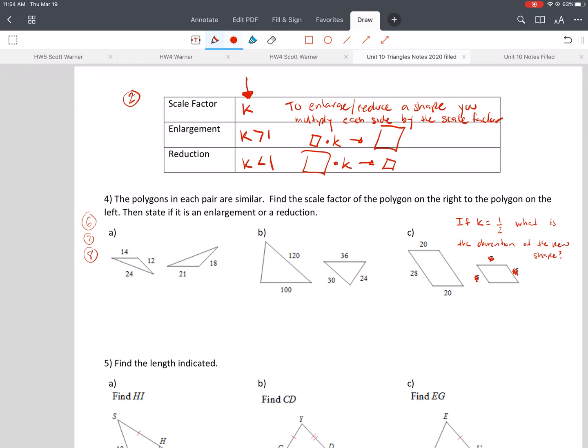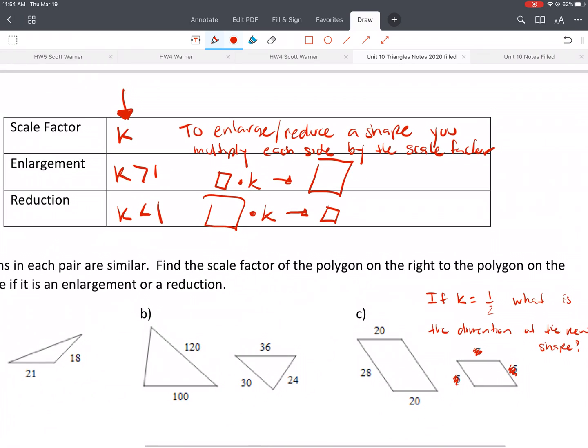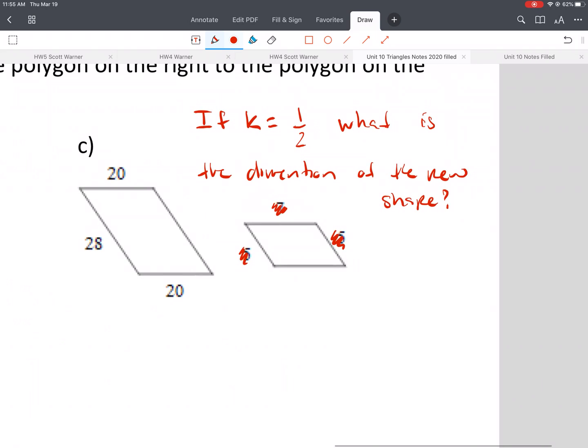This is, again, reduction. Okay, so to enlarge or reduce a shape, you multiply each side by the scale factor. Okay, so for example here, I changed this a little bit differently. If you are using the notes, then I just crossed these numbers out and changed it. Okay, so if K is 1/2, if the scale factor is 1/2, what are the dimensions of the new shape?